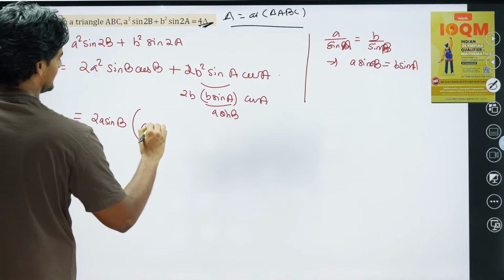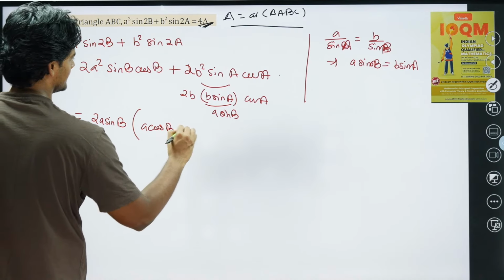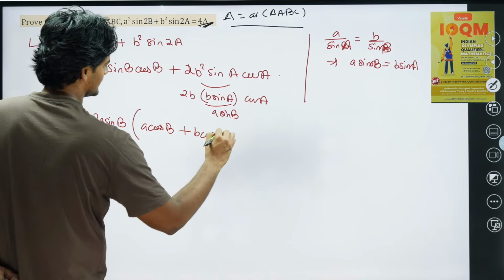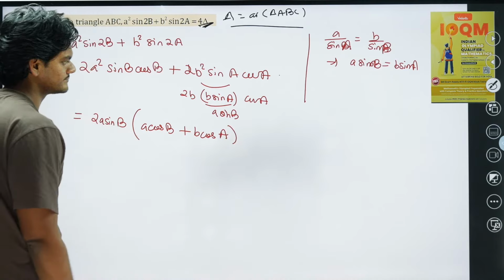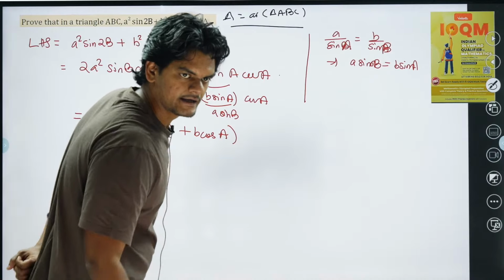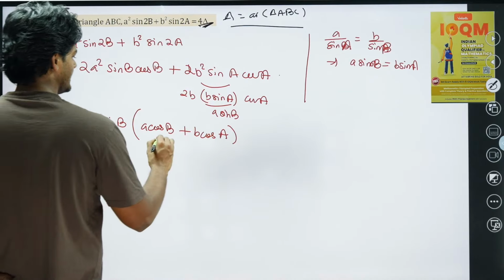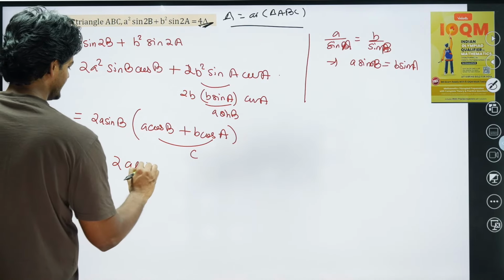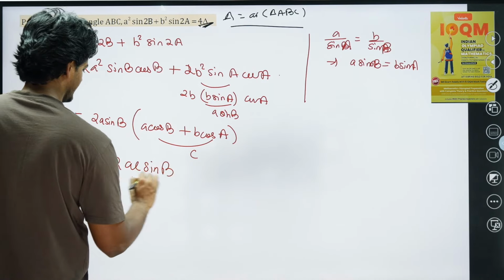Here it will be a cos B plus b cos A. And this is c. So this is 2ac sine B.